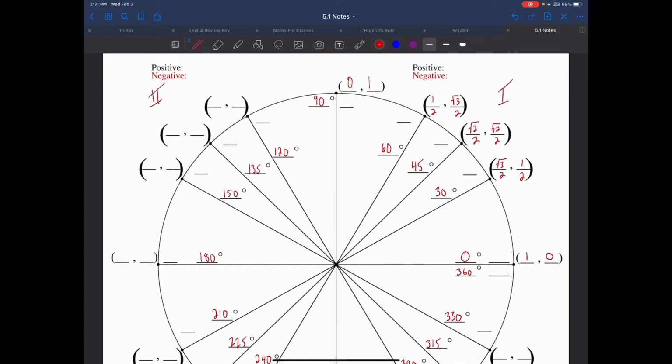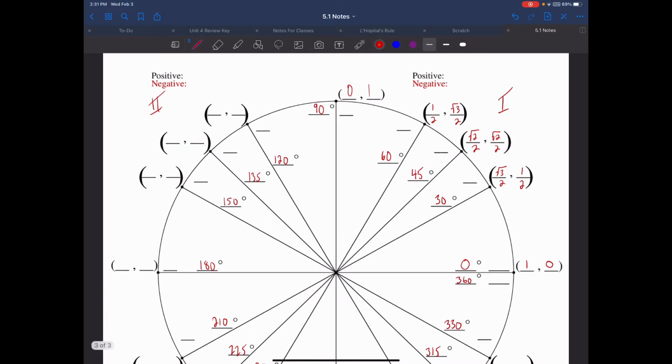Next, let's talk about quadrant 2. Since these are all just coordinate points, we know that the x coordinates over here are all going to be negative. Whatever they are, they're negative. And they're really just a mirror of quadrant 1. In quadrant 1, for instance, at 30 degrees, you have root 3 over 2 and 1/2.